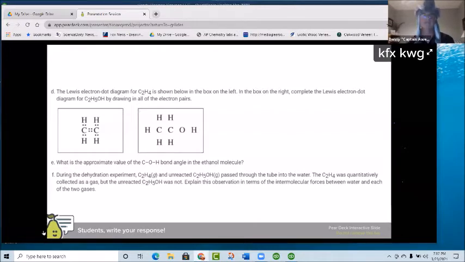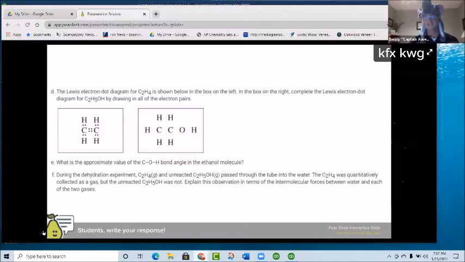Unit 3 comes in here: the C2H4 and the C2H5OH pass through a tube into water. The C2H4 was collected as a gas, but the unreacted C2H5OH was not. In the question, they actually gave you a diagram of the setup, but basically the gas was bubbled through water.